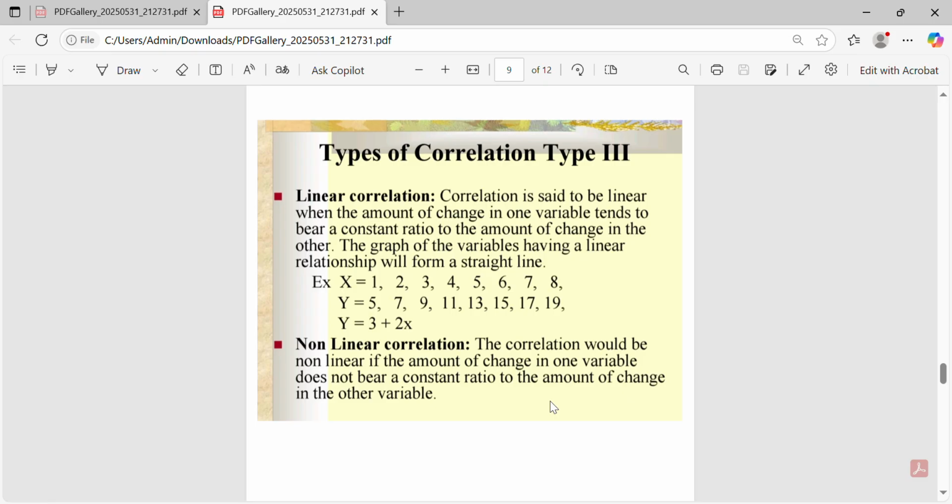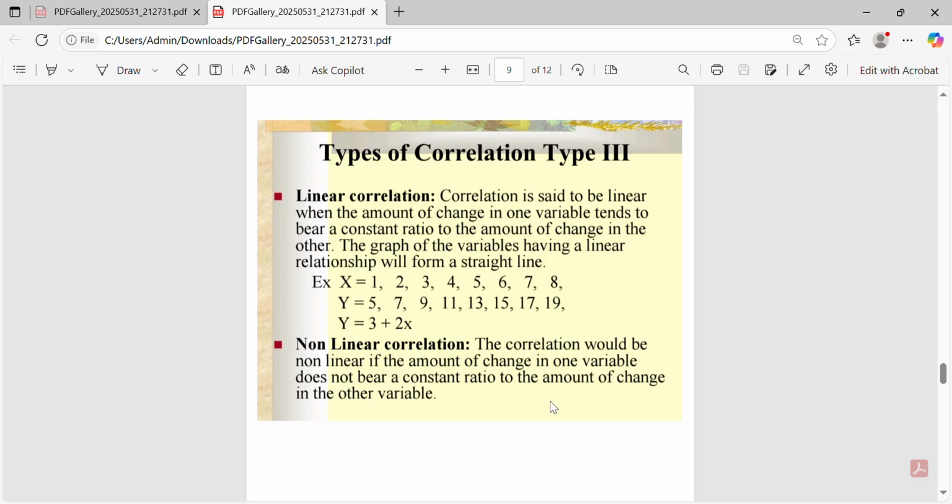So there are linear and non-linear correlations. As we saw, the linear correlation has the form a plus bx, here 3 plus 2x. The second one is non-linear correlation.